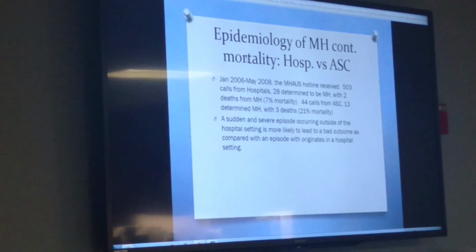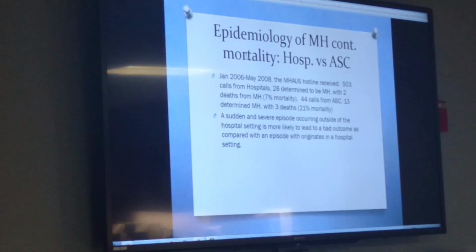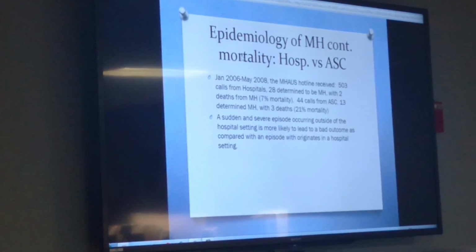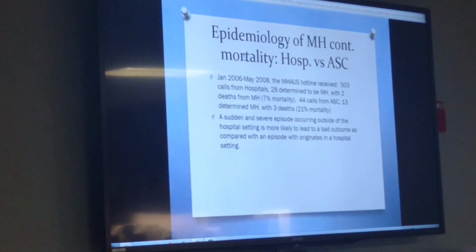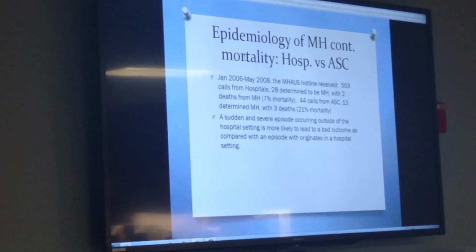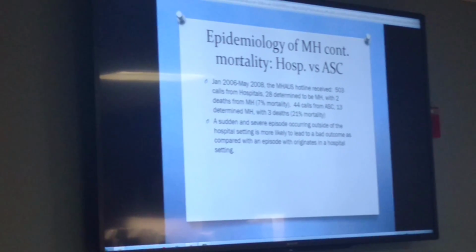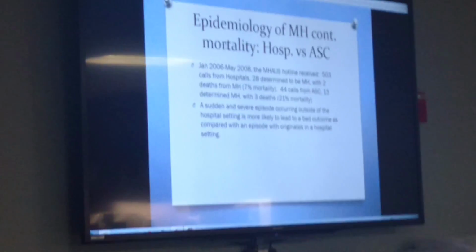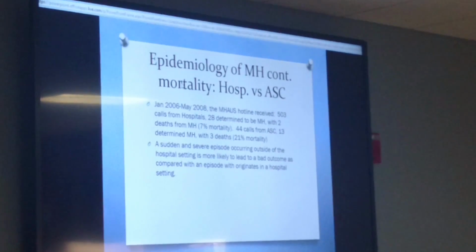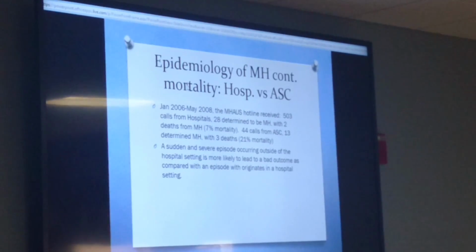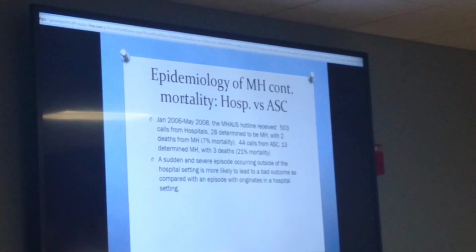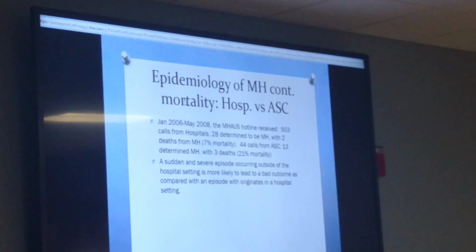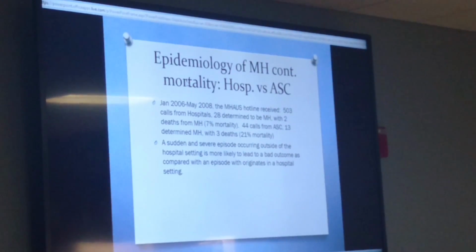So between January 2006 and May 2008, the MHAUS hotline received 503 calls from hospitals. 28 of those calls were determined to be malignant hyperthermia, with 2 deaths, so 7% mortality out of those calls. 44 calls from ASCs. ASCs are becoming a little bit more inclusive in that they're bringing in more and more patients, even with history of MH, they're still doing those cases.